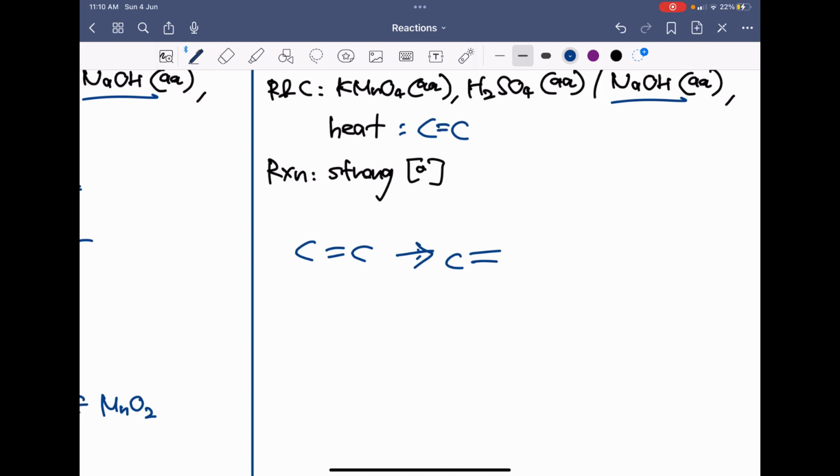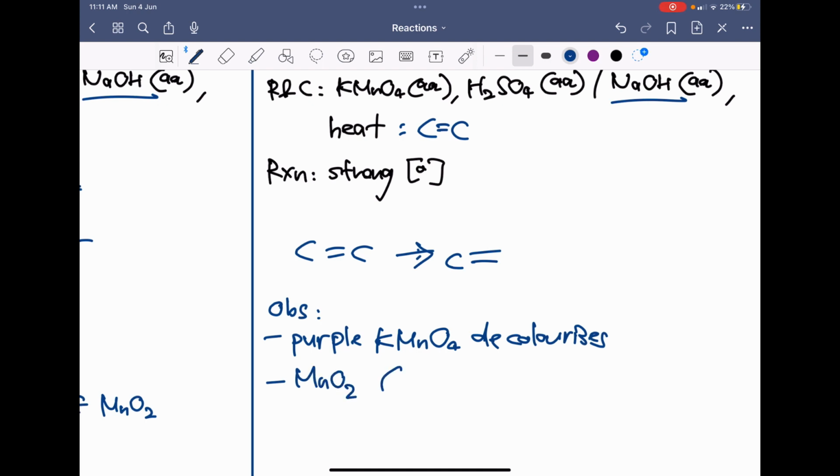And your observations here is that, well, purple KMnO4 decolorizes. Same, and then also MnO2, you know, the same if NaOH is used.